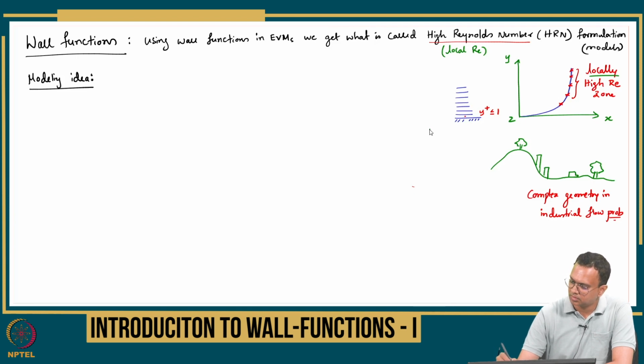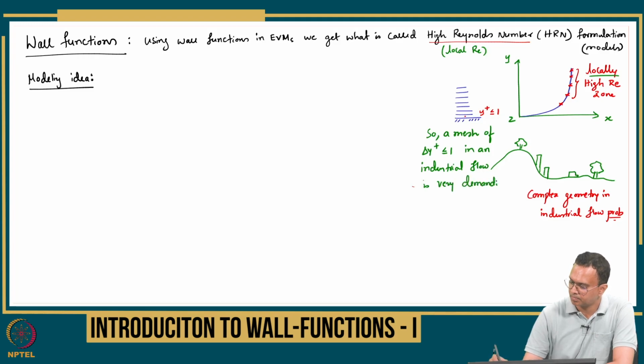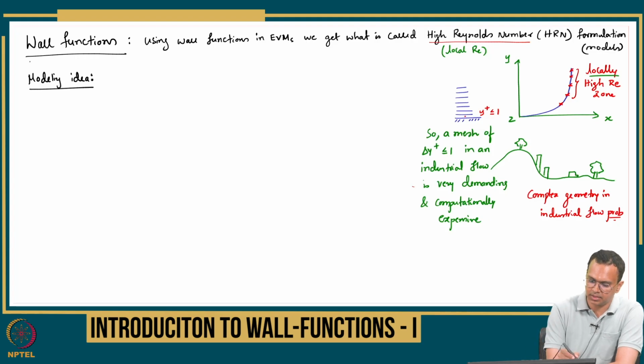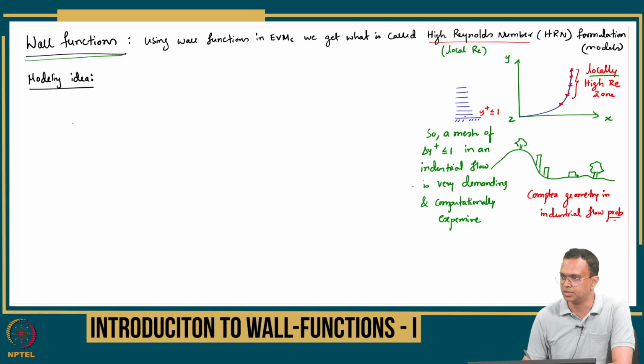So a mesh of, let's say, delta y plus less than or equal to 1 in an industrial flow is very demanding and computationally expensive. So for that reason, they come to what is called wall functions.